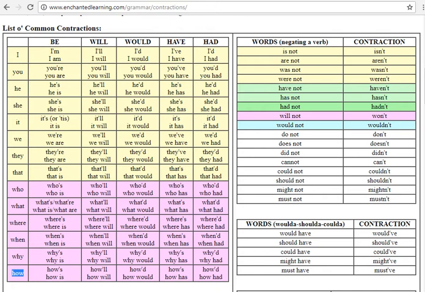Some of these aren't so common, like how had, how'd, how has, how's, how would. But most of these are very common, and you need to study all of them.